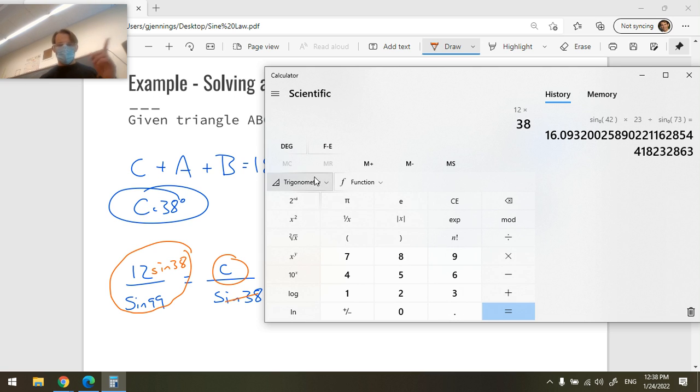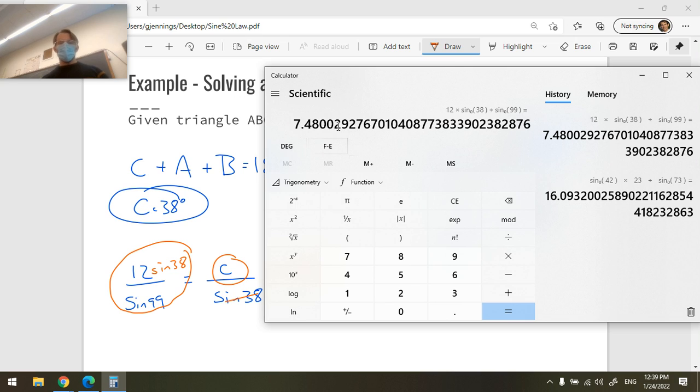This calculator is like yours, where I have to put in 38 first and then push sine. All divided by sine 99. See, sine 99 is just so very close to 1. Equals 7.45. I got the two numbers right, but I got the answer wrong.